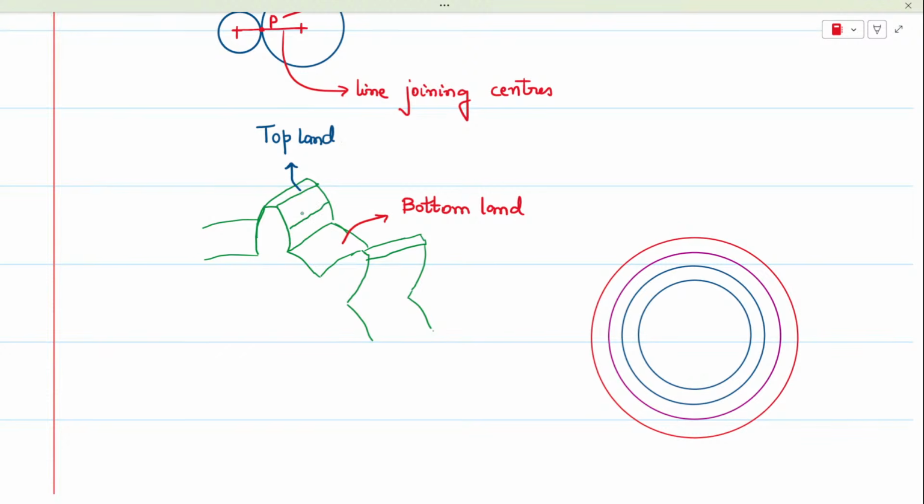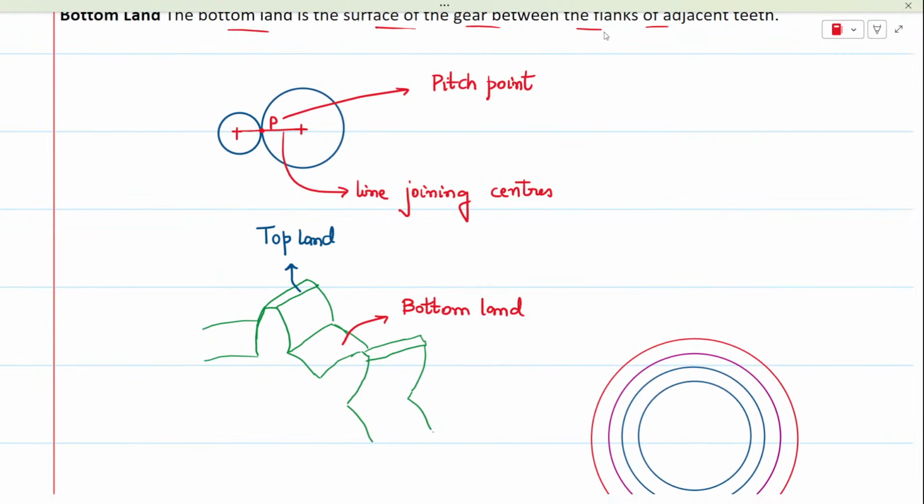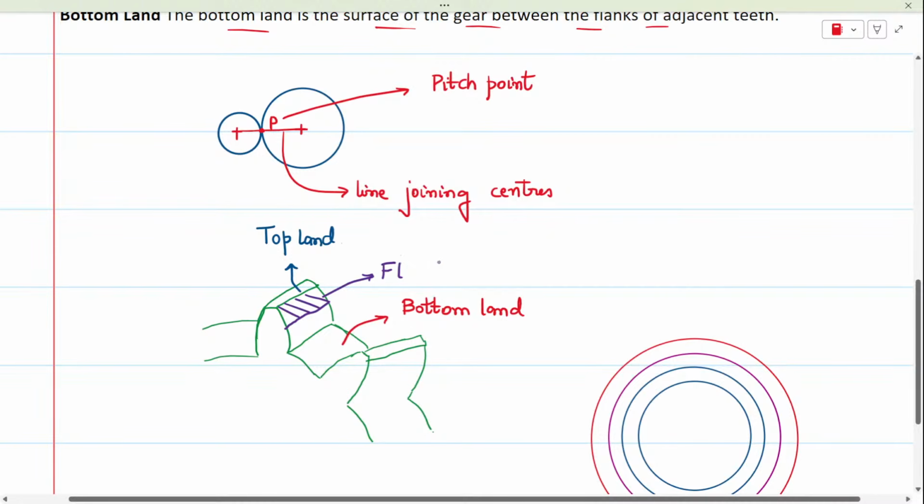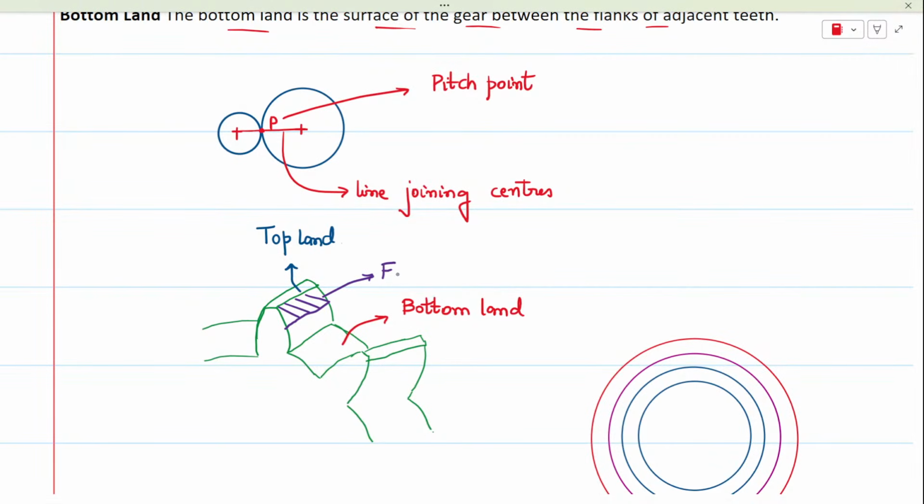The top part of the tooth is called the face. And the bottom part, which I'm shading in red color, is called the flank.